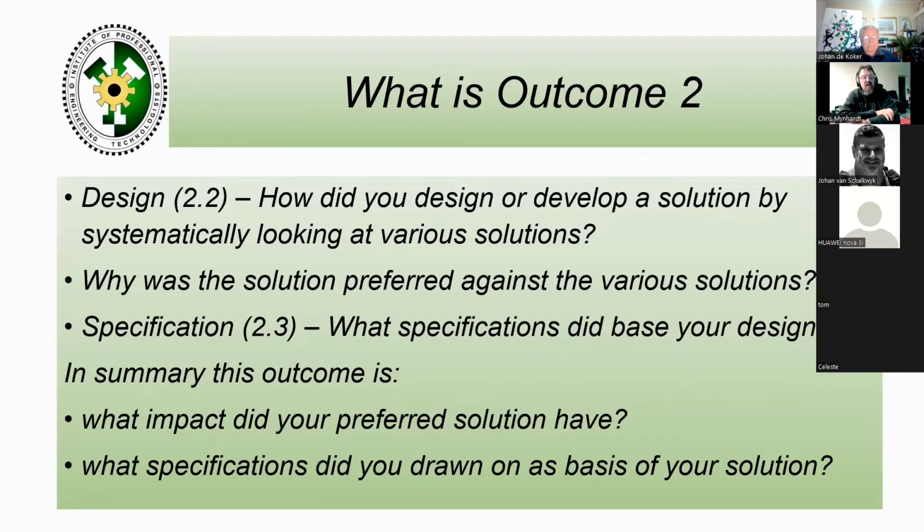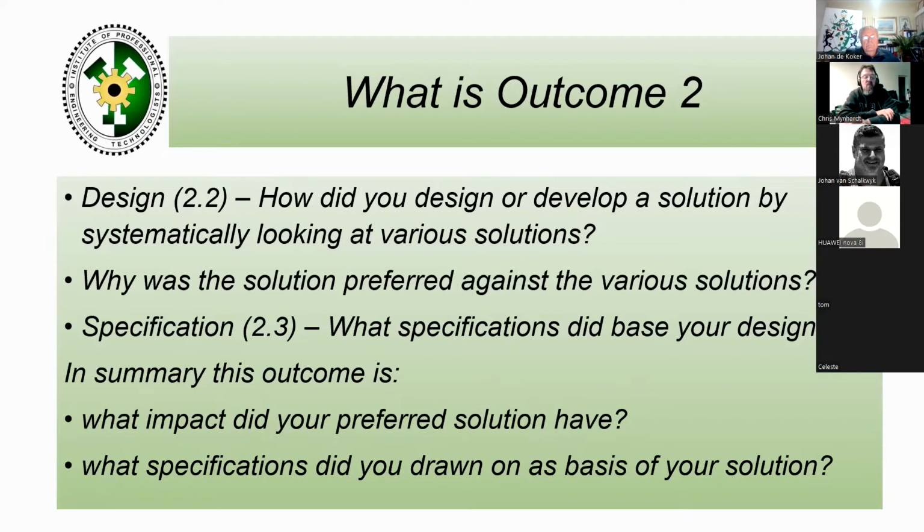Now design, that is 2.2. How did you design or develop a solution by systematically looking at various solutions? What I mean by various solutions is when you're designing, you do not just take the first design you do as the solution. You look at the various designs and ask yourself a question: what if I change this?